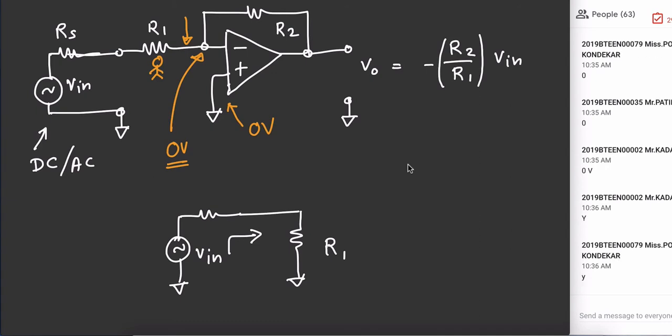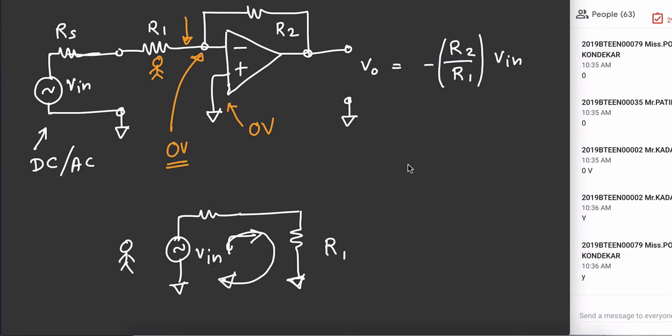Okay. So if you imagine now you are signal source, then what will you see? You will see only R1. You will not see R2 because R1 is grounded. So the current from V input source will flow like this only.